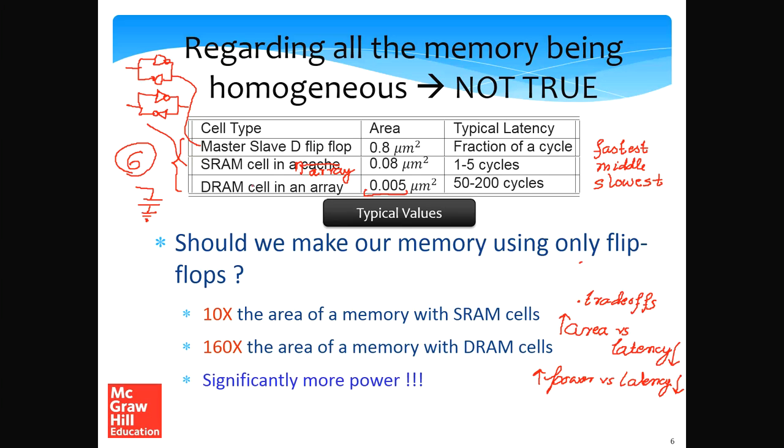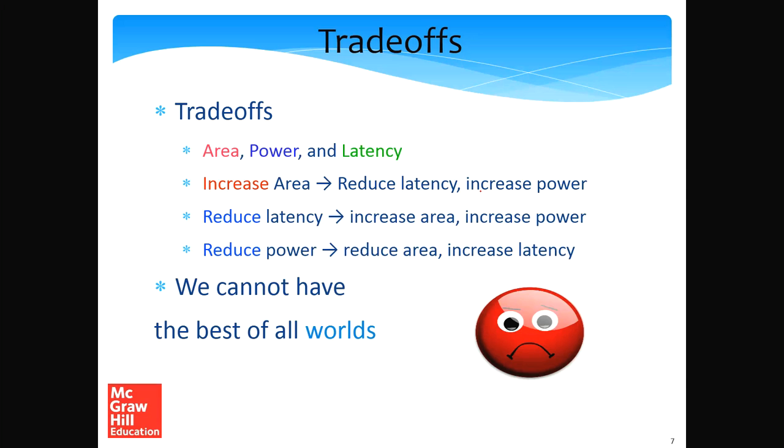Similarly, the entire memory cannot be made just of DRAM cells, because we can fit in a lot of bits, but it'll be too slow. So, given these things, we can summarize all the trade-offs, something that we discussed in the previous slide. If I increase the area, I'll reduce the latency, of course, but increase the power.